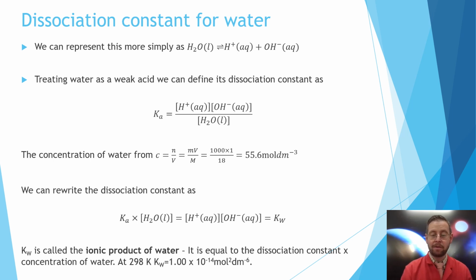And so therefore we've got 1,000, which is the 1,000 grams, the mass of 1 decimeter, multiplied by 1 decimeter, and divided by the mass of 1 mole, which is 18 grams.